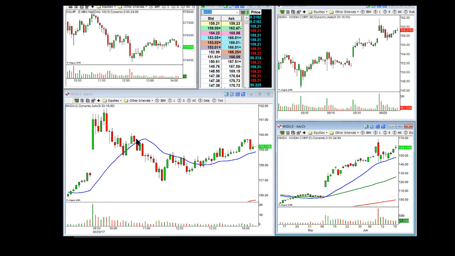So on the 5-minute time frame, combining that with the 30-minute time frame: does it match? Once it comes into support, I'm looking for a pattern on the 5-minute to confirm what's beginning to happen here.